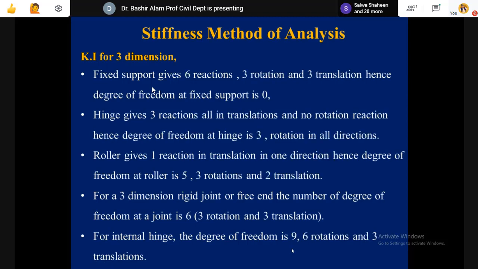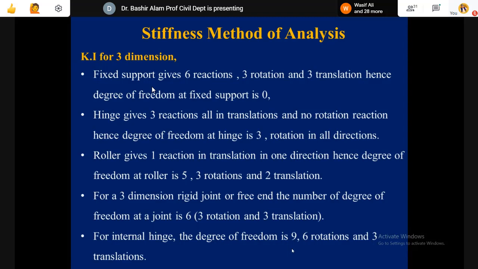Degree of kinematic indeterminacy for 3 dimensions. Now, a fixed support gives 6 reactions, 3 moments and 3 forces, so it is a kinematically determinate structure. It is not allowing any kind of rotation and it is not allowing any kind of translation.